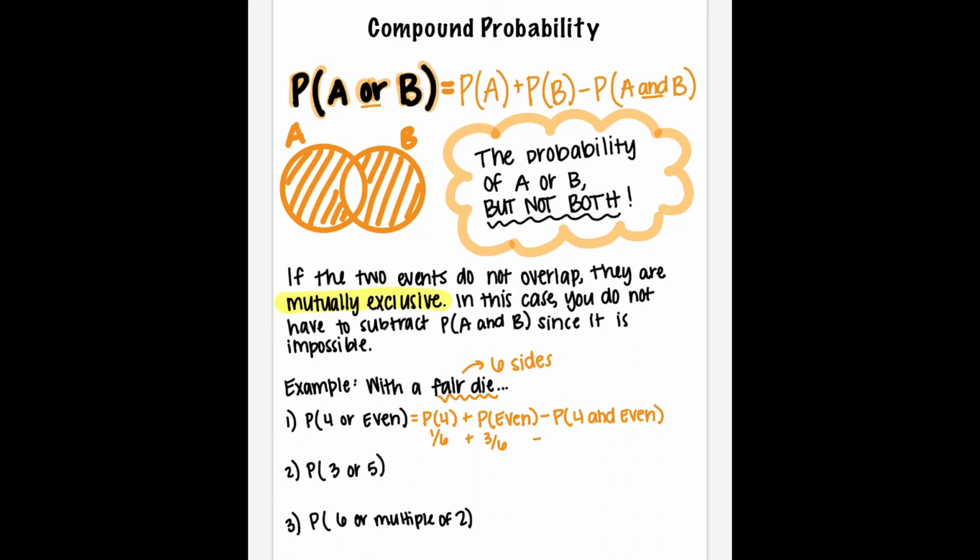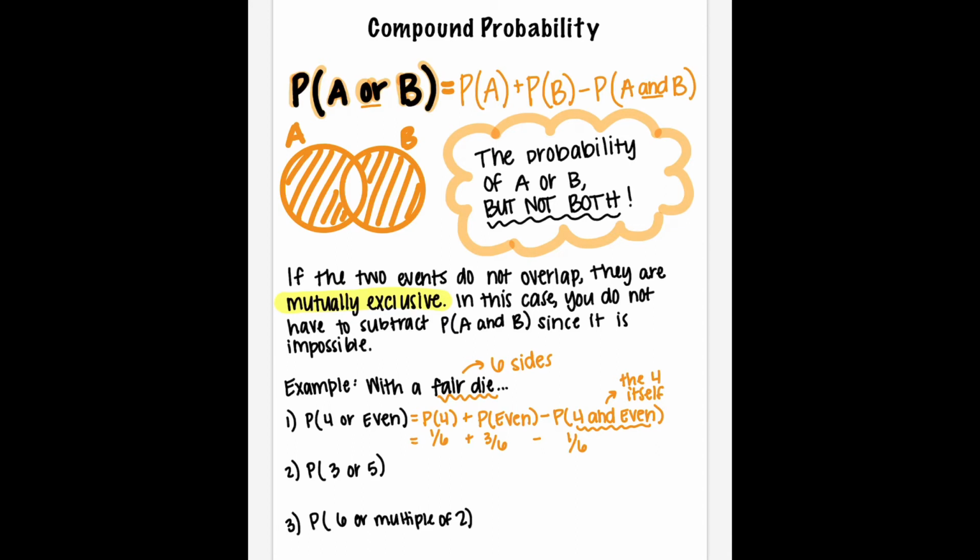Minus the probability of rolling a 4 and an even. So a 4 and an even number, the only possibility for that is the 4 itself. So the probability of rolling a 4 and even is just the 4 itself, which again is just a 1 in 6 chance.